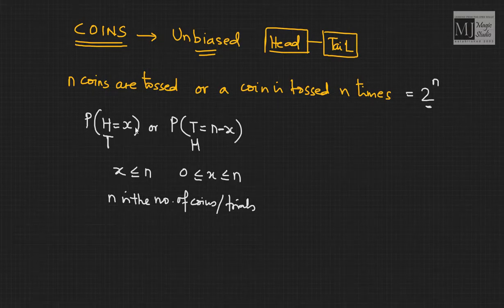Then probability of x heads or n minus x tails is simply given by nCx divided by 2 to the power n. That's it. We have generated this formula using binomial distribution that we know. बराबर. अब कोई भी कॉइन का केस आएगा, we would be doing with this formula itself. Let's take a few cases.